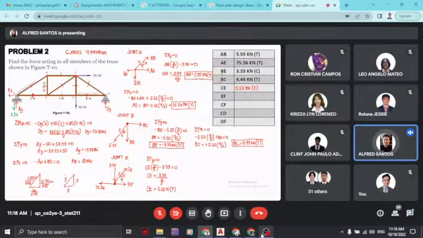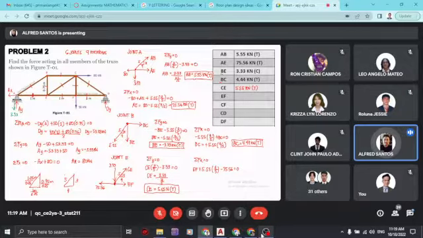Okay, so that's your CE, and then let's proceed with summation Fx is equal to 0, so we can solve for EF. Which is positive EF, going to the right, and then positive CE, which is 5.55 times 4/5, and then minus 75.56 equal to 0.